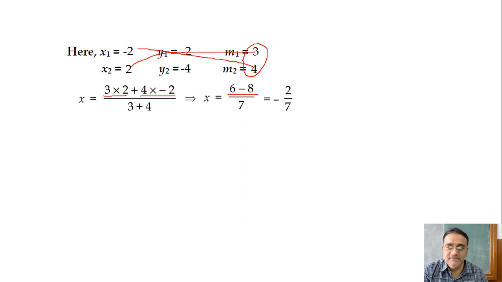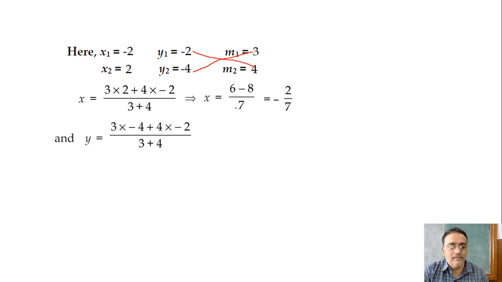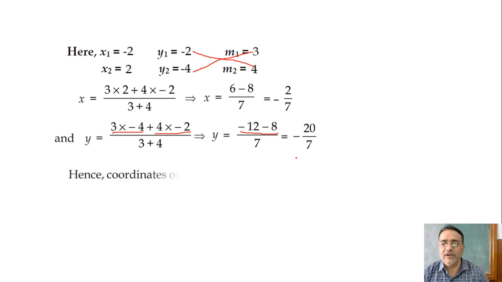Next y के लिए 3 into minus 4 plus 4 into minus 2 upon 3 plus 4. So minus 12 minus 8 upon 7. So we are getting minus 20/7. So hence the coordinates of P are minus 2/7 and minus 20/7. Any doubt in this question?